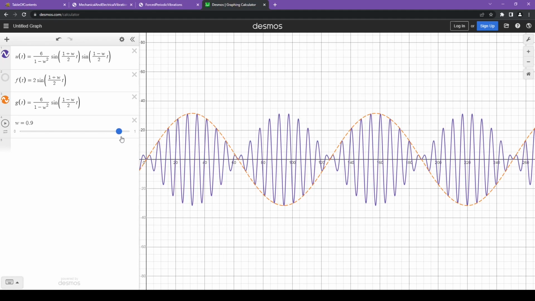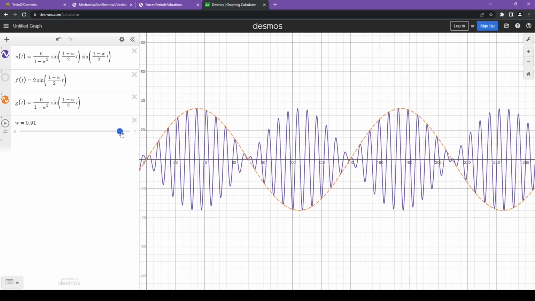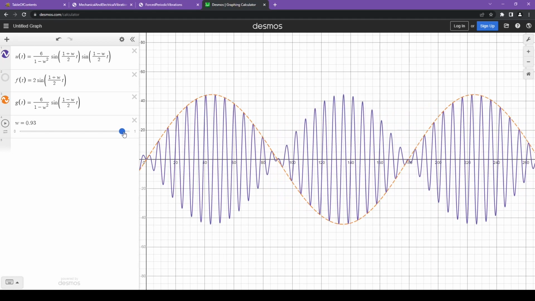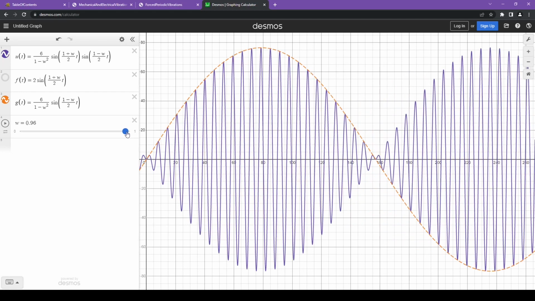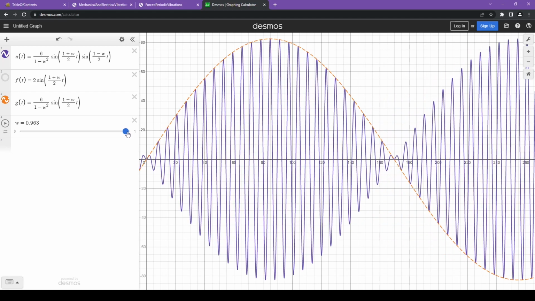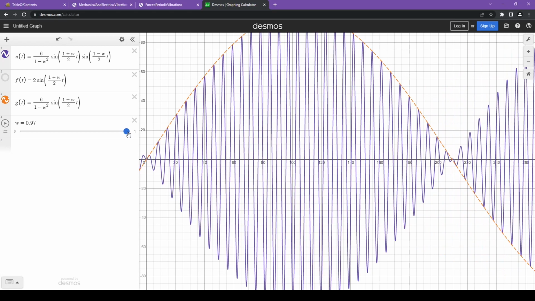If the forcing function on the right-hand side has a frequency that is close to 1, which is the natural frequency of our oscillator, if we push it to that limit very carefully, we see that the waveform explodes as that frequency gets closer and closer to 1.